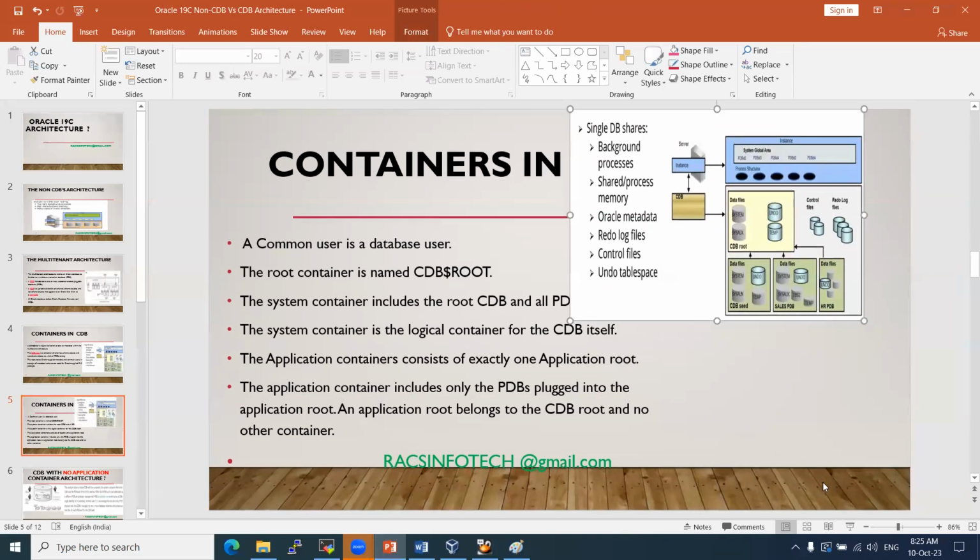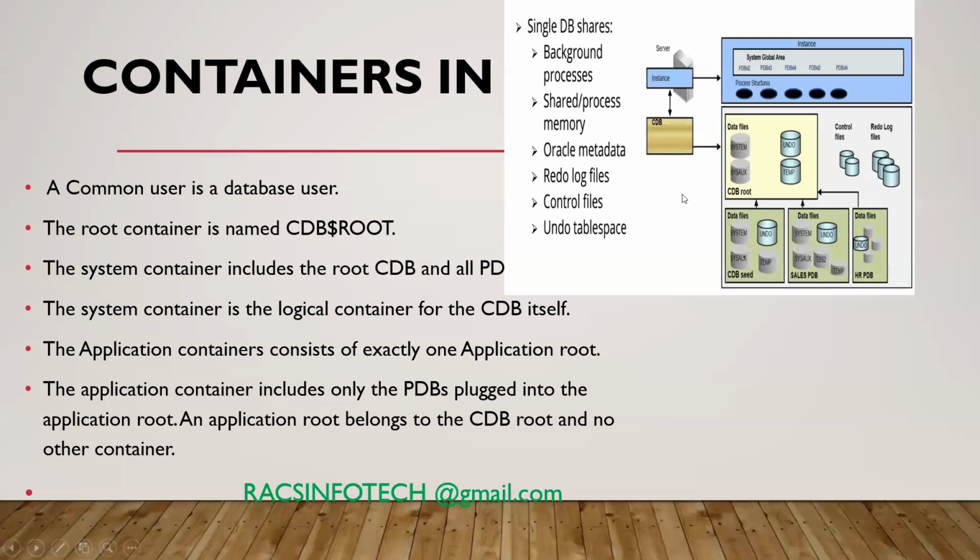The CDB holds control files and redo log files, and the CDB seed will be there, along with all the PDB data files. Each PDB individually has its own system, sysaux, user tablespaces and temp, and undo also will be there. But the control files and redo log files are maintained at the container database level.